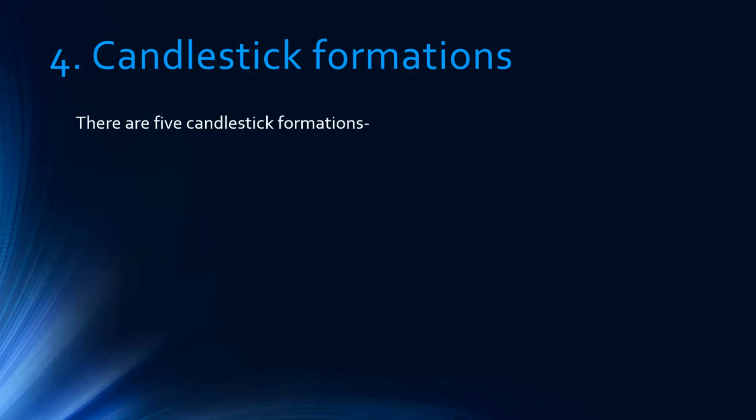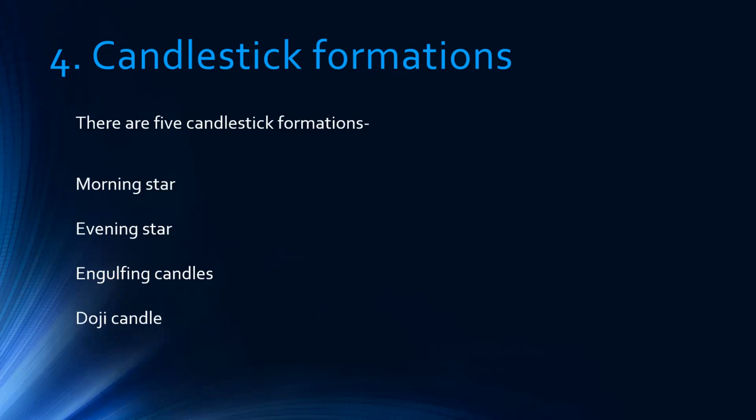But I'm going to highlight five candlestick formations that I use with smart money. There are a lot of different formations, but these are the 5 most powerful ones that I find help me with my trading. Okay, let's go on. So we've got the morning star, evening star, engulfing candles, doji candle, and outside candle.